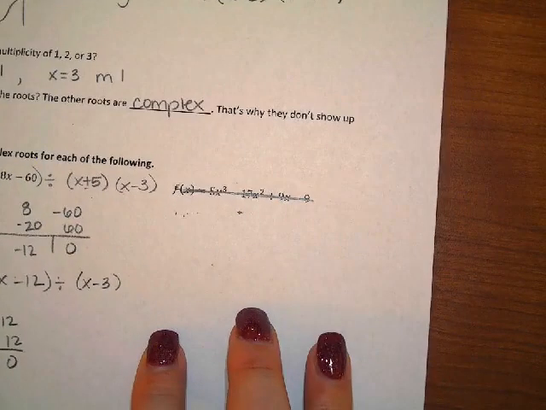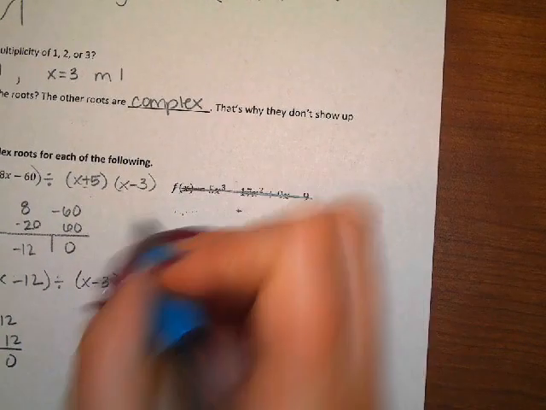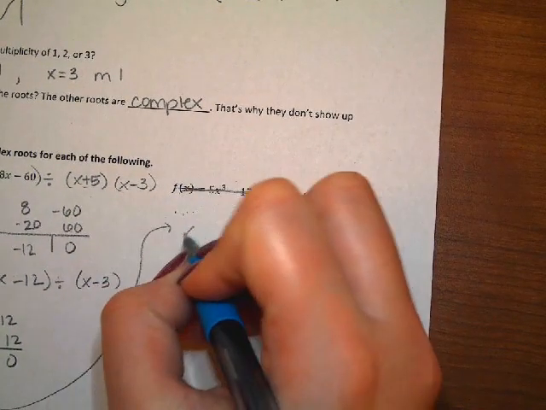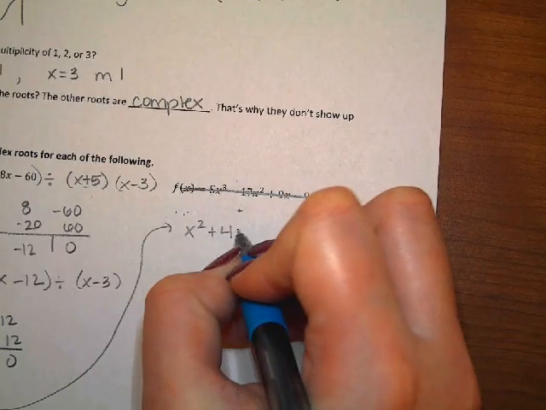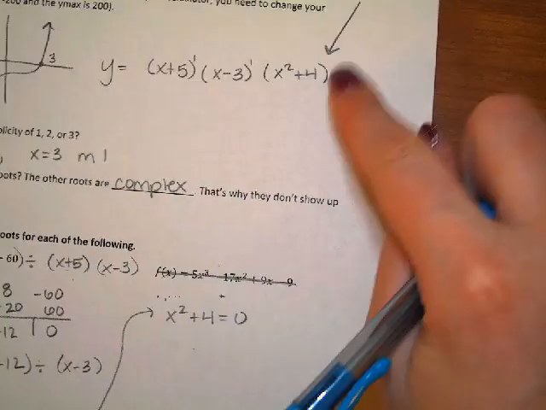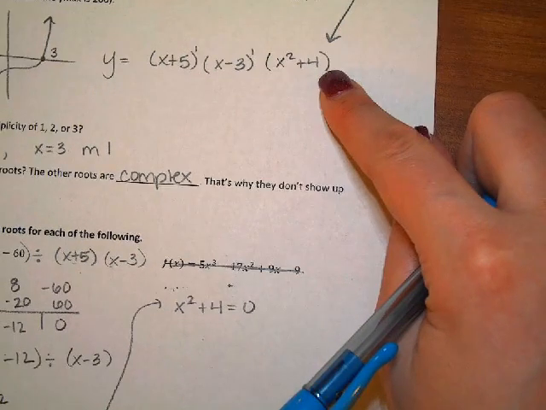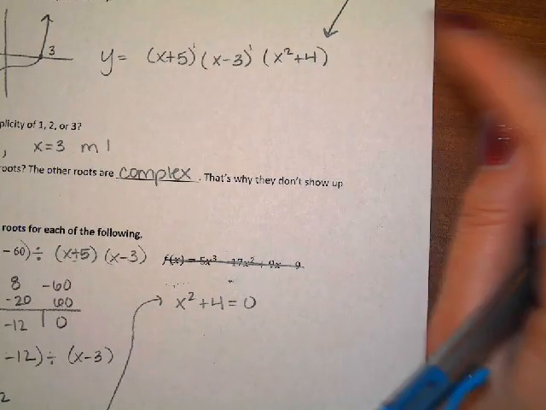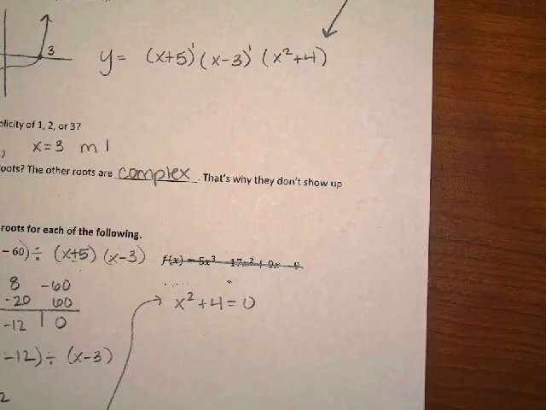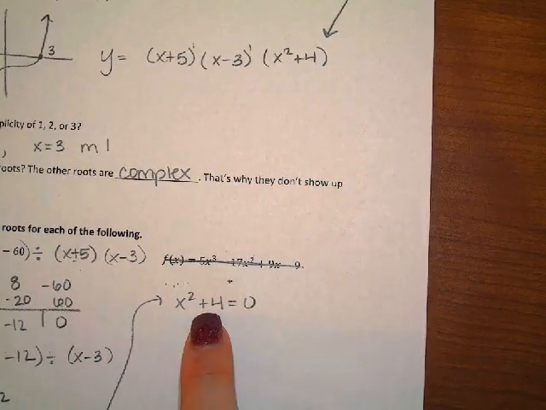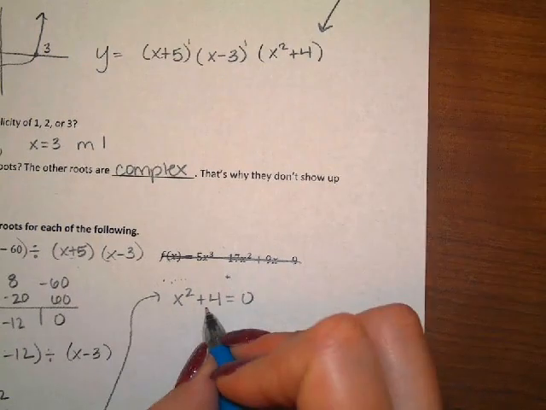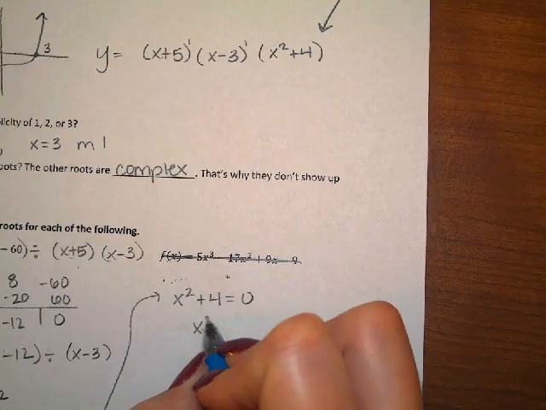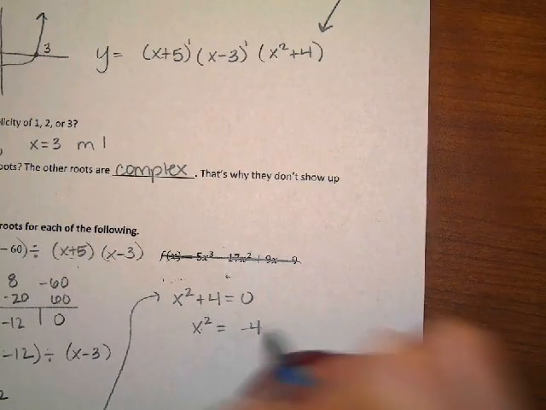So here I'm going to go ahead and just say that I need to take x squared plus 4 and set it equal to 0, and that's because I have this as a factor up here, and I'm trying to find out what the solutions are. So I'm setting it equal to 0. Now, we have two options for doing this. We can do kind of the easy route, which is just to recognize that we can subtract the 4 over. x squared equals -4.